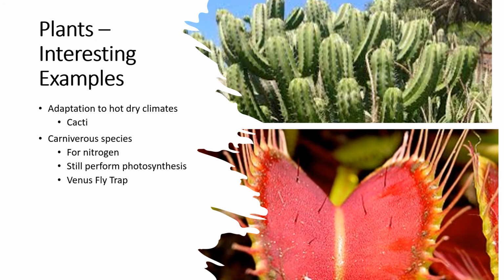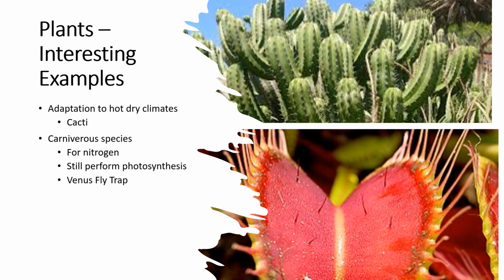I'm going to leave you with just a couple of interesting thoughts or examples about plants. The first at the top is an example of some cacti. When you look at that cactus, it doesn't look very similar to some of the other plants we've looked at. We don't see leaves like we would normally expect to see. We see these spiny looking things.